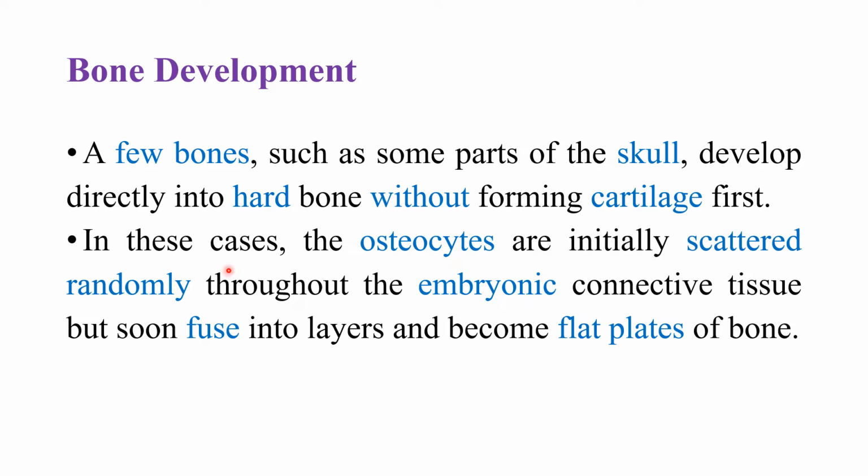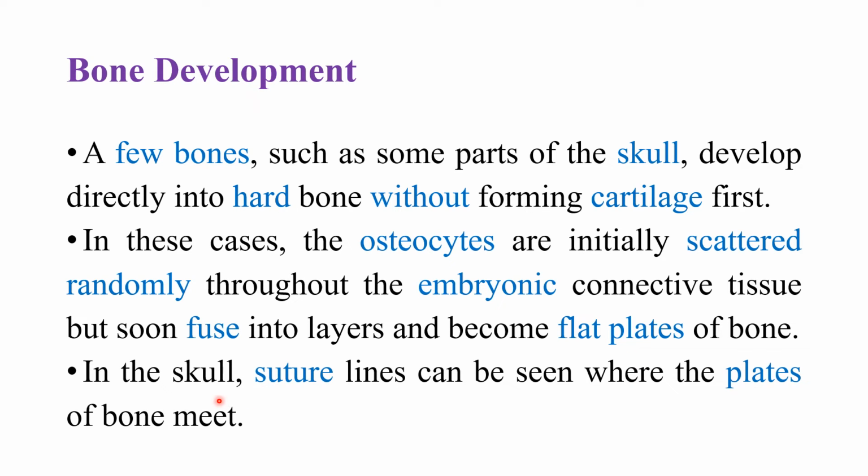In these cases, the osteocytes are initially scattered randomly throughout the embryonic connective tissue, but soon fuse into layers and become flat plates of bone. In the skull, suture lines can be seen where the plates of bone meet.